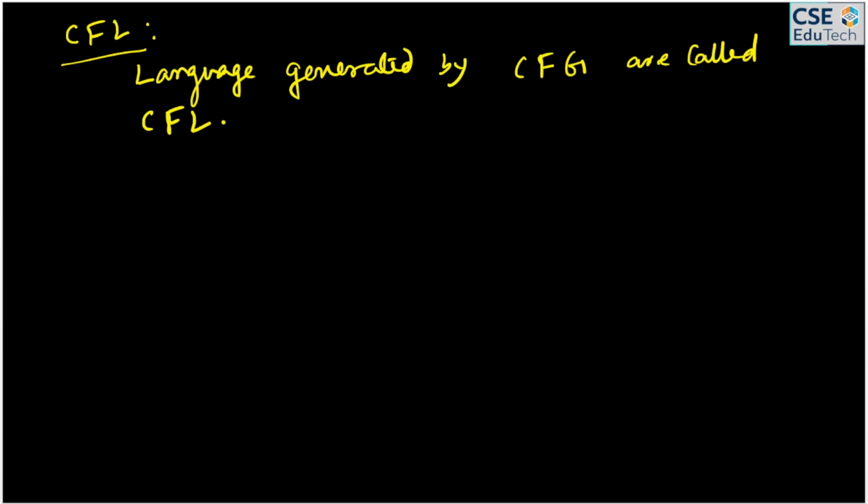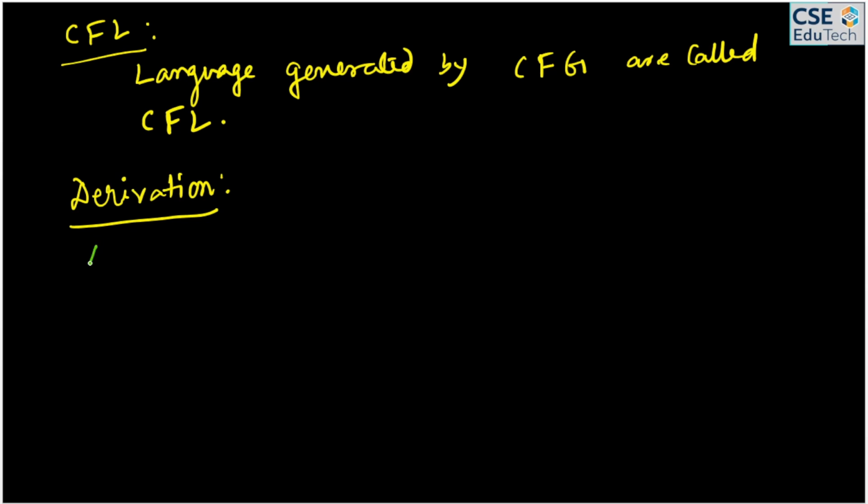Now we define derivation. Derivation can be defined as the process to generate strings of terminals by replacing non-terminals in the right hand side of a production.